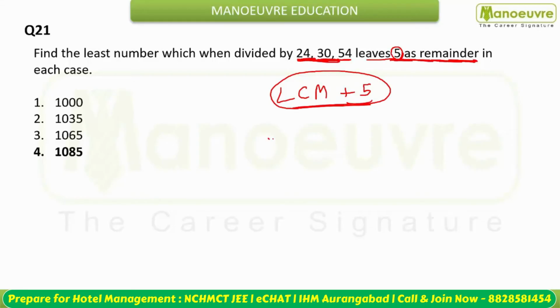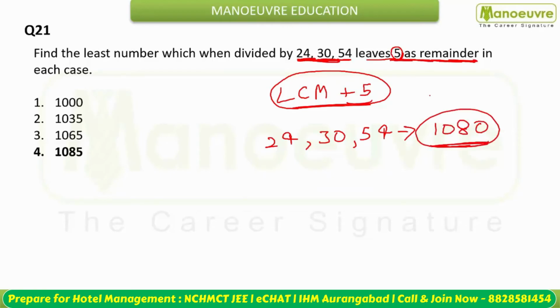So LCM of 24, 30 and 54 is what? This is nothing but 1080 is the LCM. So we need 5 as the remainder. So what we gonna do is we gonna add 5 in this. So this will become what? 1085. Option number D gonna be your right answer.